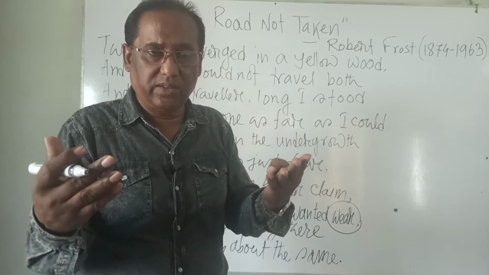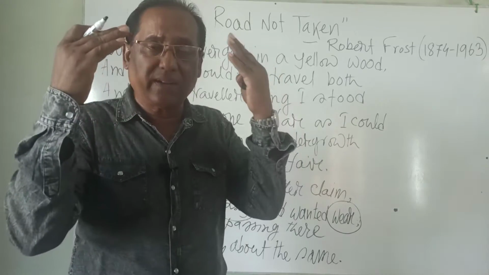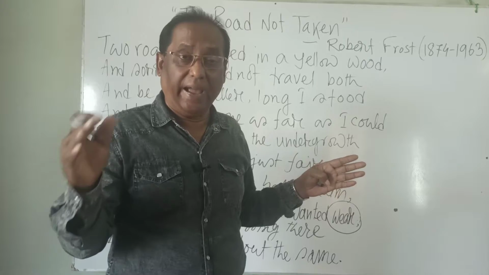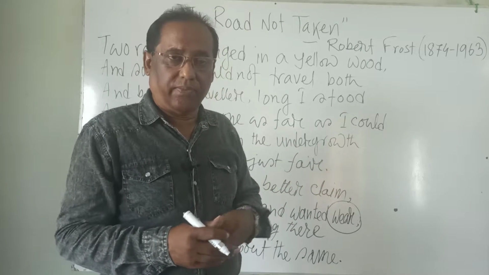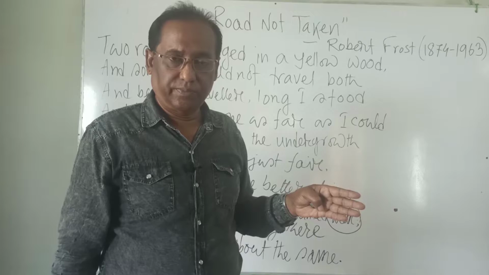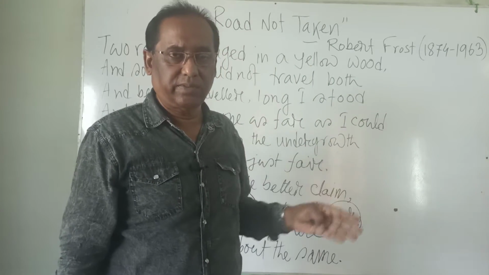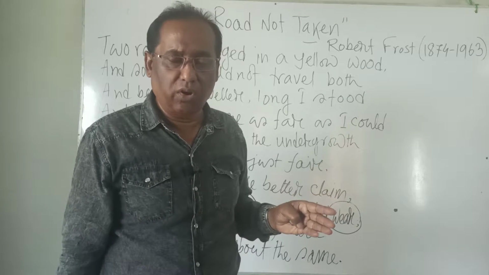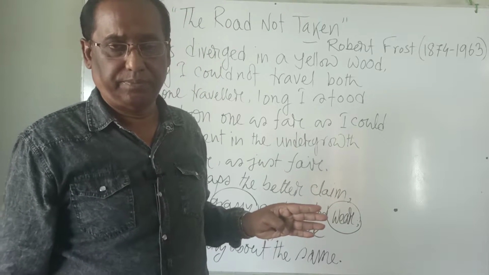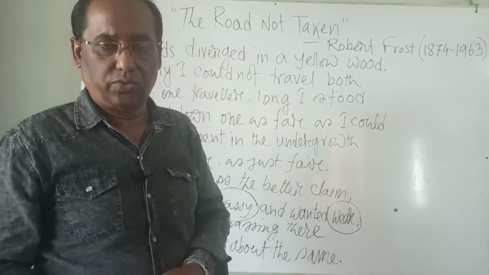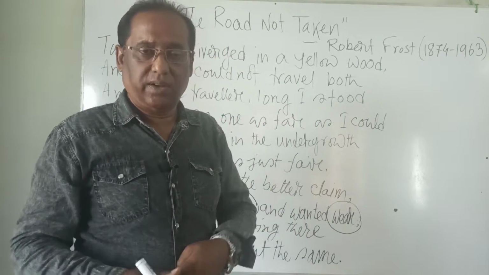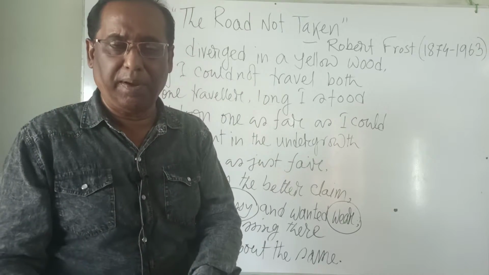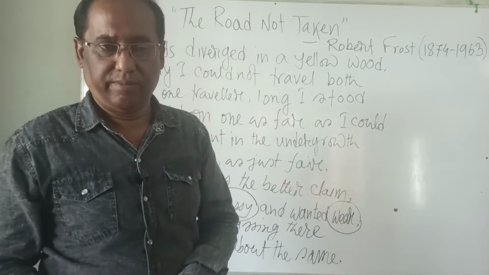I think that you have understood the difference between the two roads. I repeat, the first road is much traveled, much trodden, and it is not grassy. But the second road is grassy as it is less traveled, less trodden.